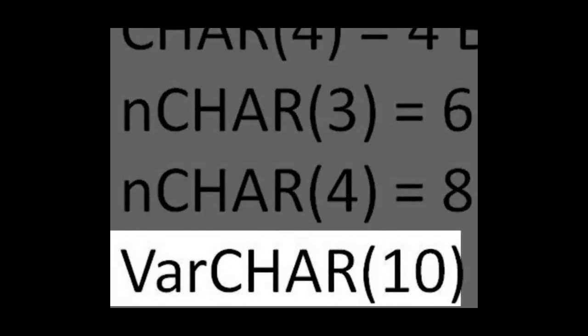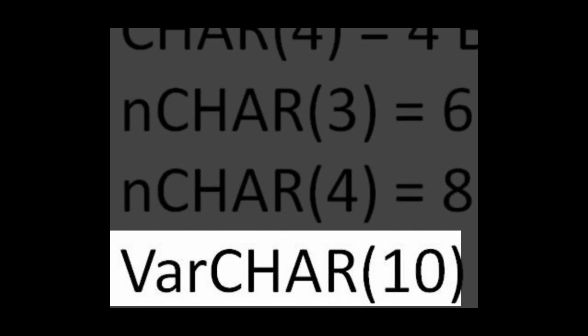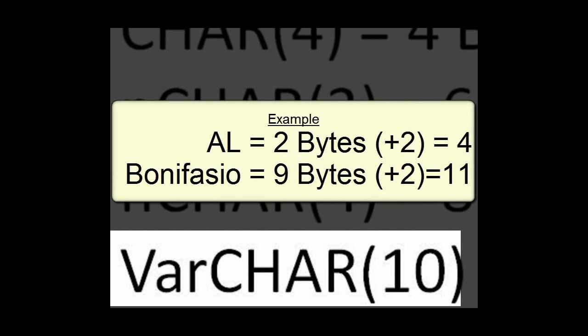Now, let's go back to the regular character types that take up 1 byte per character. And let's give it a varying length, like a varchar 10. Perhaps some words are going to be 10 letters long and some are going to be 2 letters long. How much does a varchar 10 consume? Well, it takes up 2 bytes to have a variable length, and then it takes 1 byte per character.